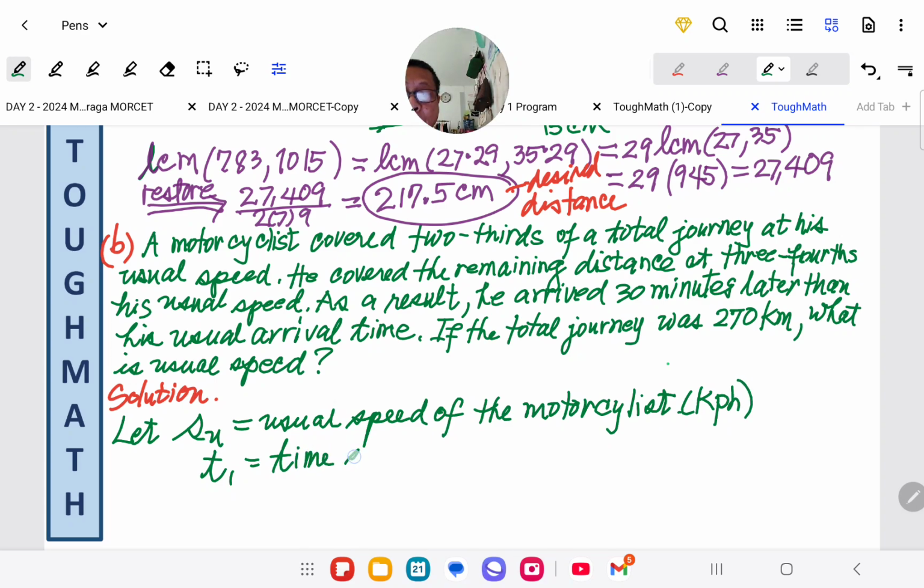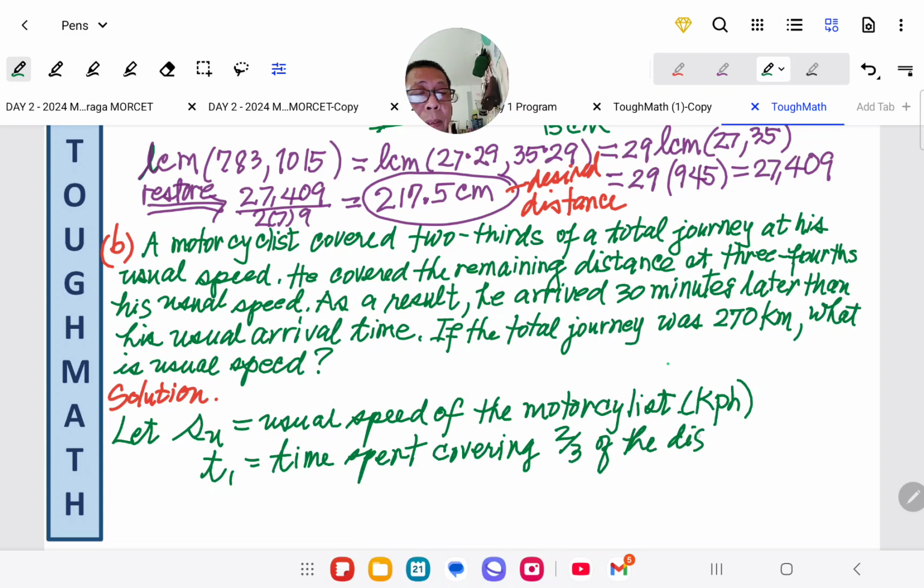Time spent covering 2/3 of the distance.